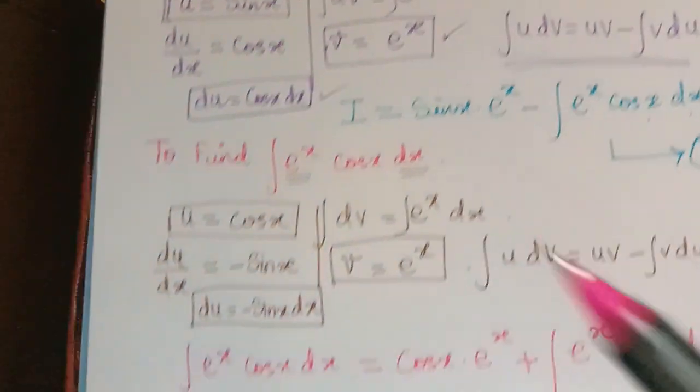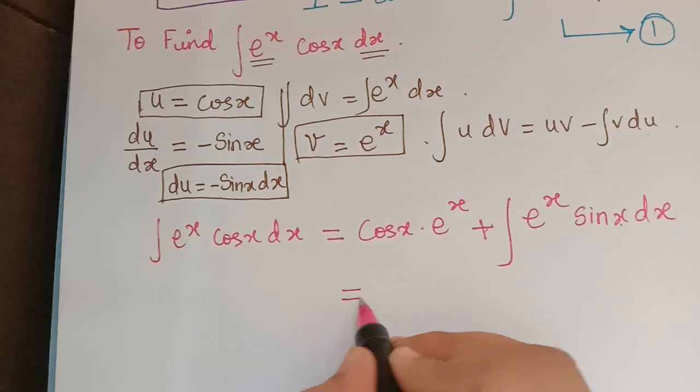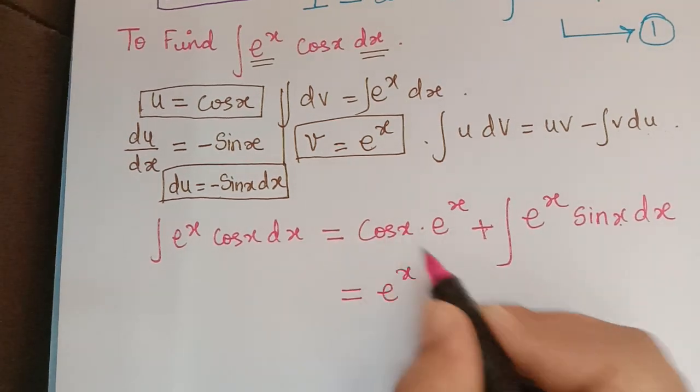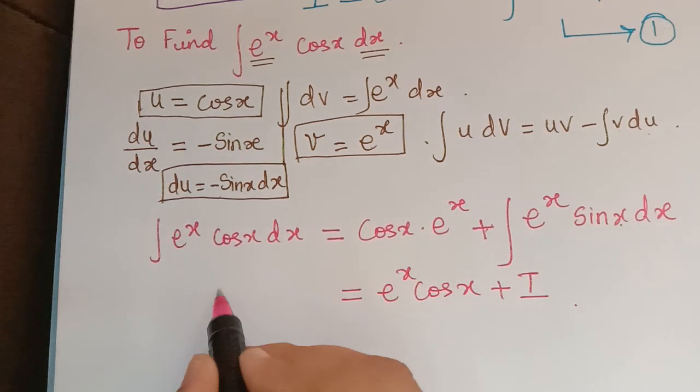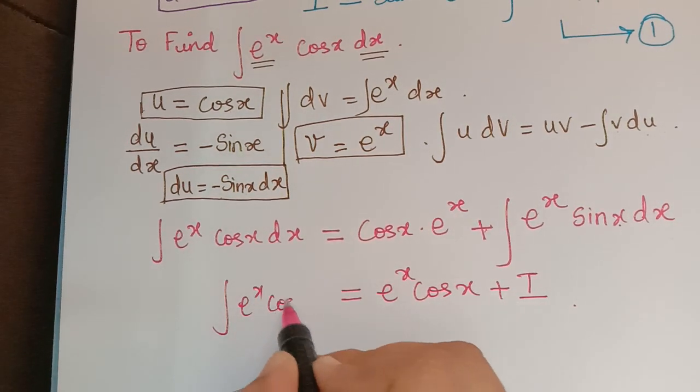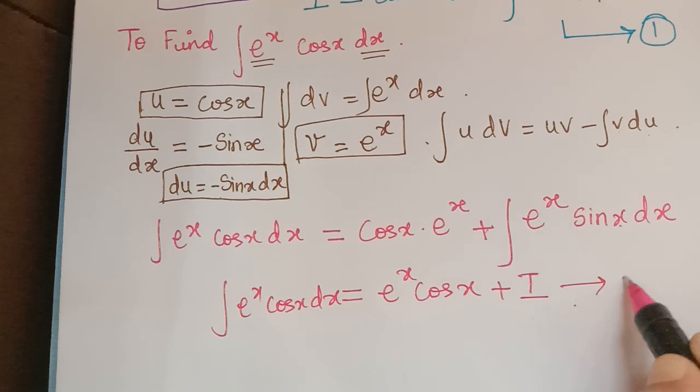So that capital I we have to substitute here. So this integral will become e power x cos x plus I. So this integral e power x cos x dx we have obtained to be e power x cos x plus I. Let me mark this as equation 2.